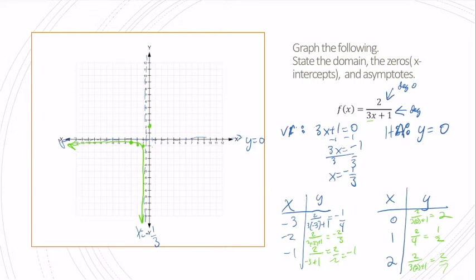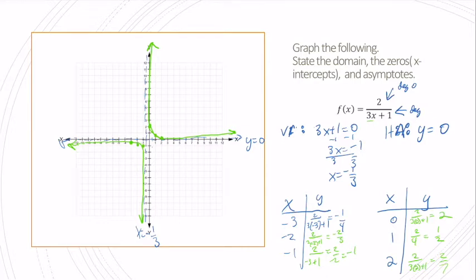And when x is 2, it's getting closer and closer to this asymptote. So again, here's what my graph would look like. Just like a parabola where you have to find 3 points, when you're graphing a rational function manually, I would want to find 3 points on either side of the vertical asymptote. And if you have 2 vertical asymptotes, you've got to find 9 points.